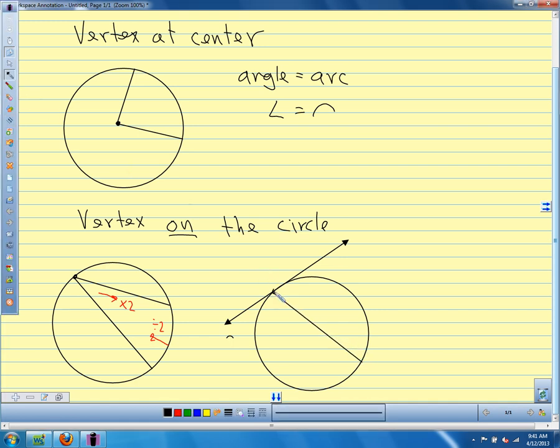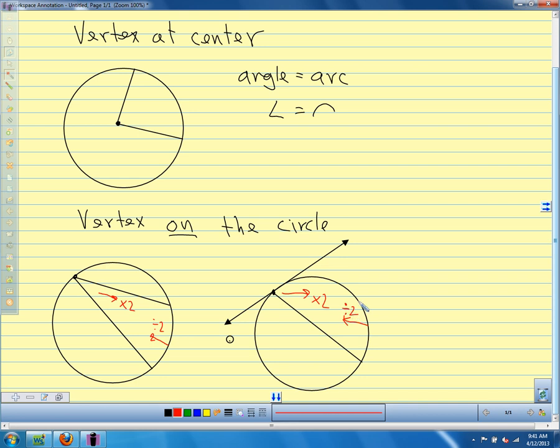So there's where they're tangent. And the rule here is exactly the same. Anytime the vertex is on the circle, I have the same rule. So this same rule would work to go from the angle to the arc, multiply by 2, to go from the arc to the angle, I divide by 2.